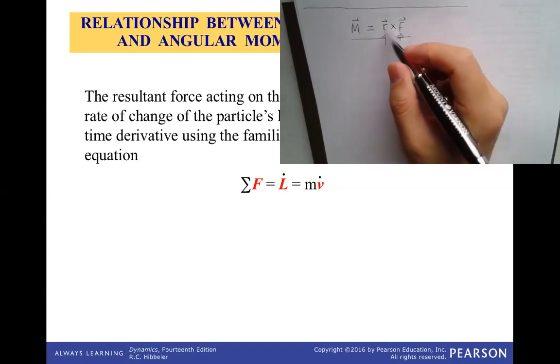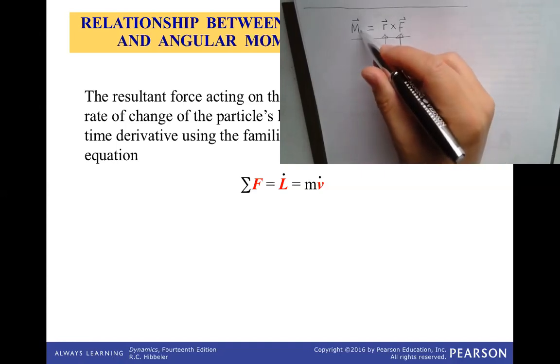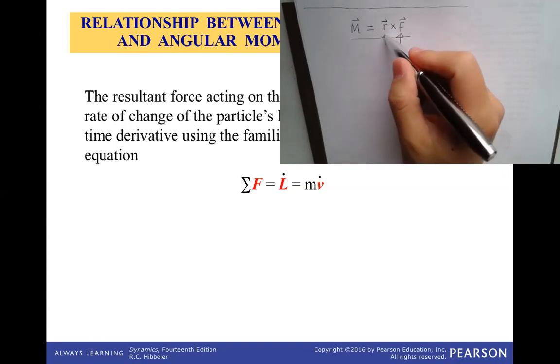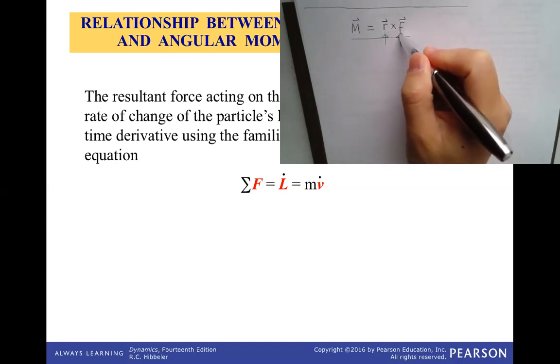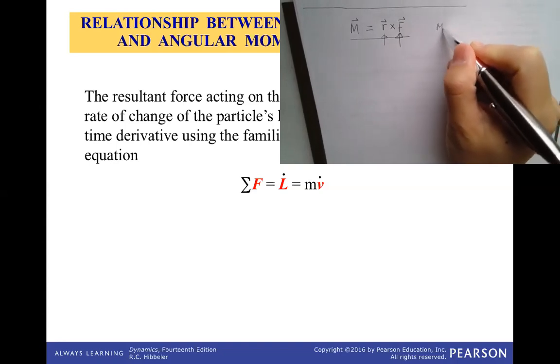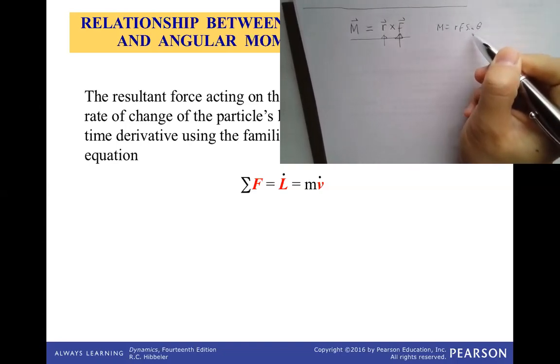If r is equal to 0, or if r is in the same direction as F, then the moment of the force will become 0. In that case, angular momentum will not change. So we'll be looking at both magnitudes and also the direction of these two. The magnitude of M is r F sine theta.